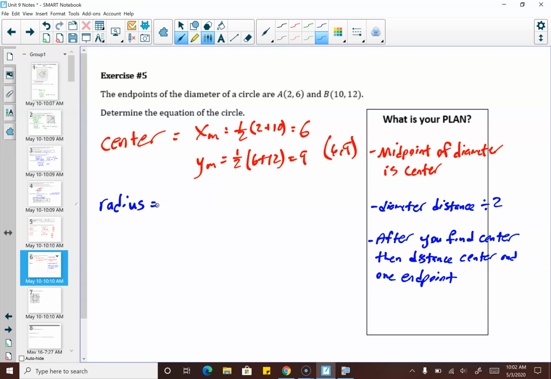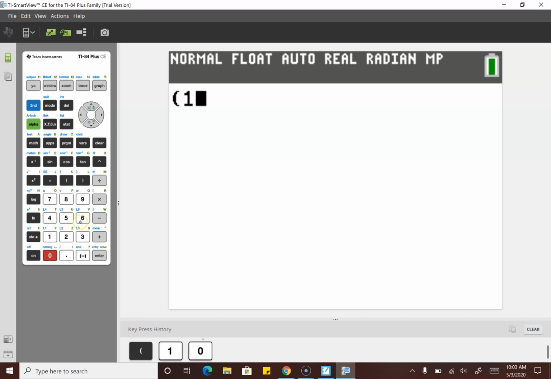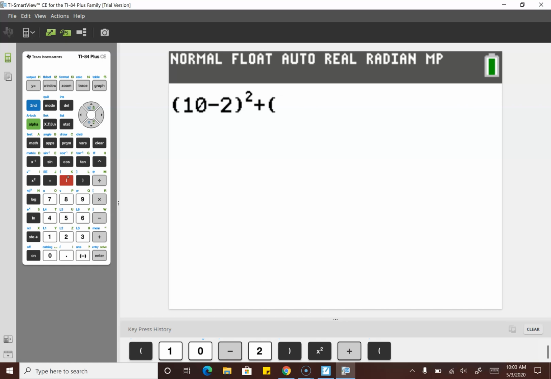Now for our radius, I think it's easiest to just do the distance between the diameter endpoints and cut it in half. So the square root of (10 minus 2) squared plus (12 minus 6) squared. I go to my calculator here.